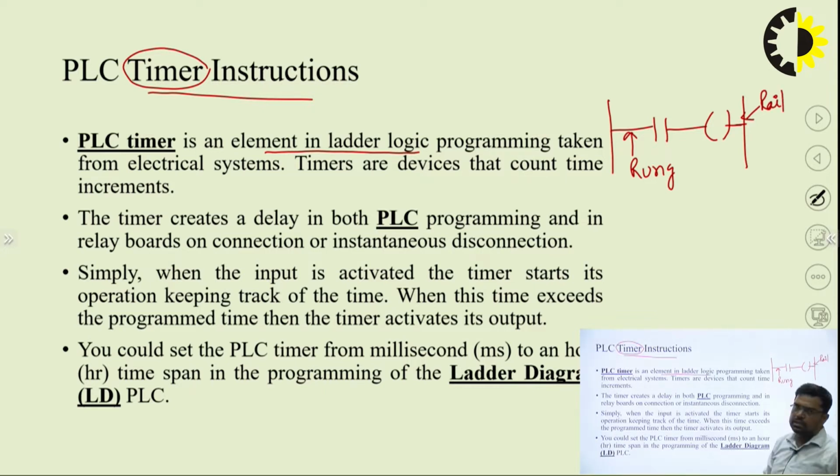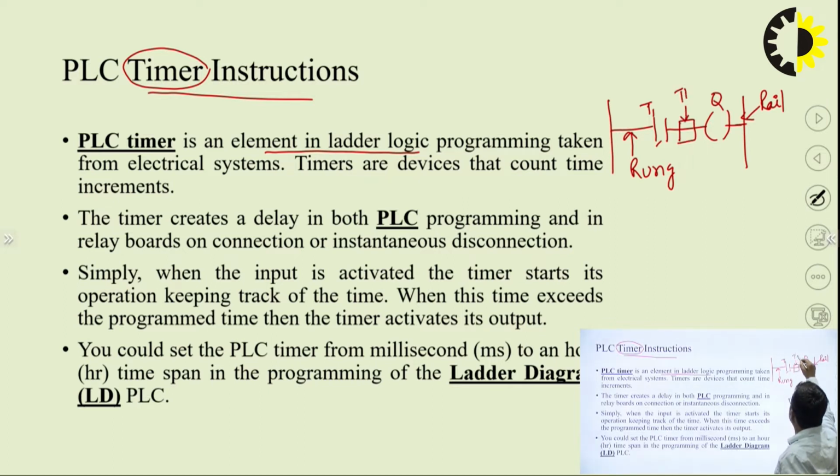So let's suppose this is a normally open block, and this is a normally open block, let's suppose T1, and this is the output, let's suppose Q. In between them, we put the timer operation.